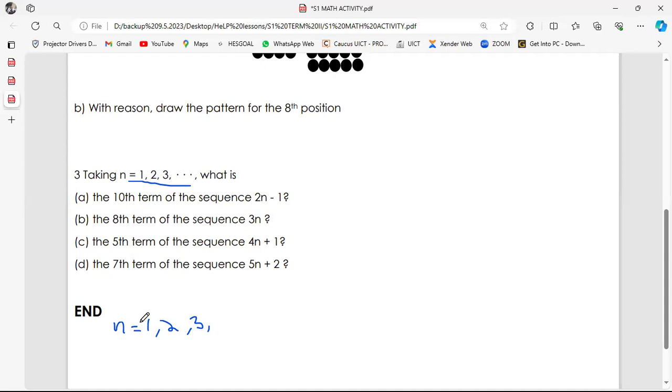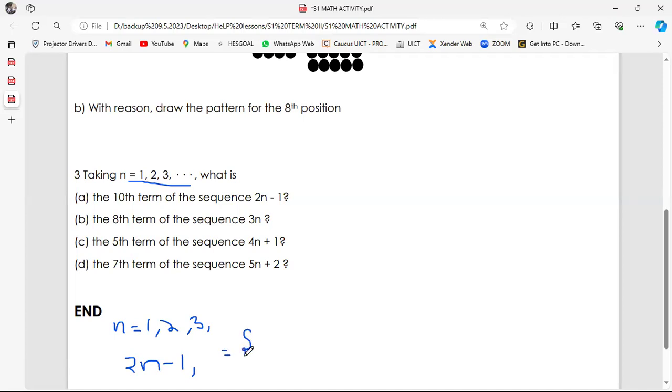now here what is happening is that the n is representing the positions. The first position is 1, the second position is 2, the third position is 3. Now, if you want to generate this sequence, you're supposed to use this formula they have given you, 2n minus 1, and we want to get this sequence.